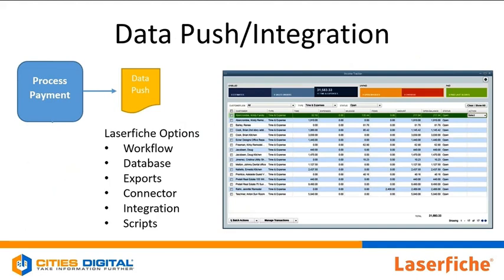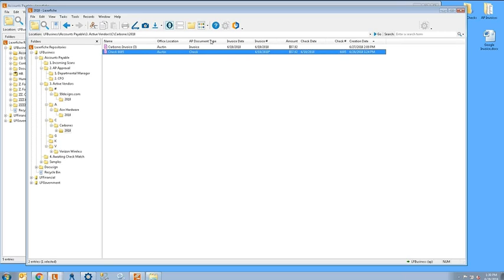We've also got the ability to export a CSV or Excel document from Laserfiche and push that into your accounting software. So again, at the onset, when we scanned in those files, we added metadata information. This list of details can be exported and then potentially pushed into your finance software.